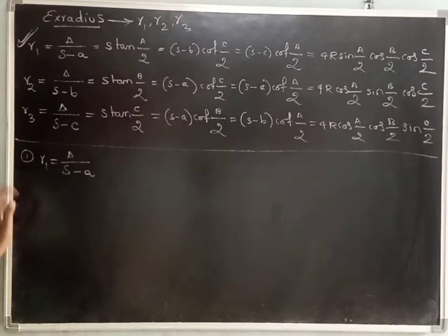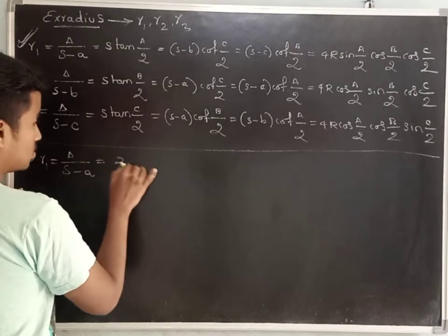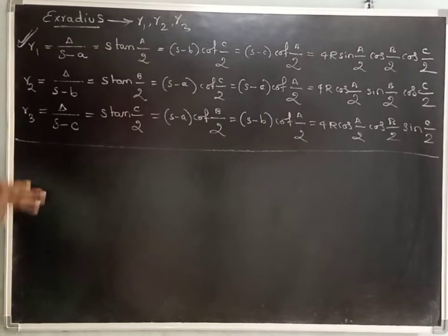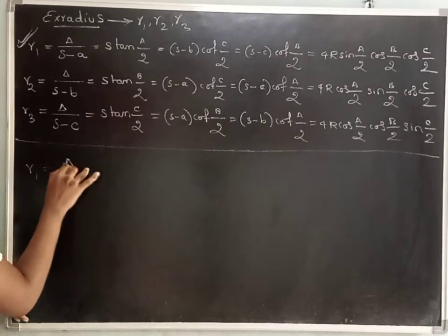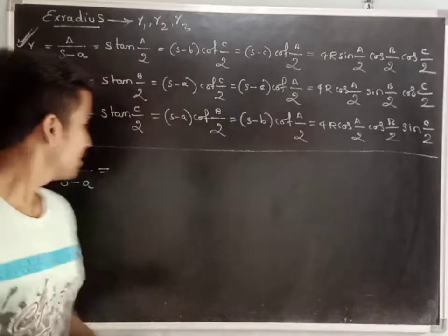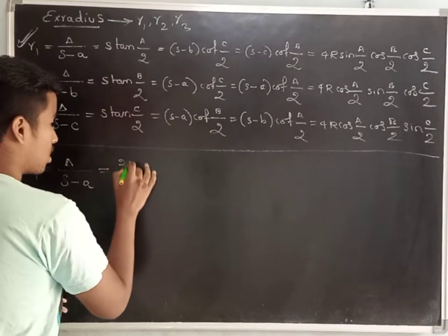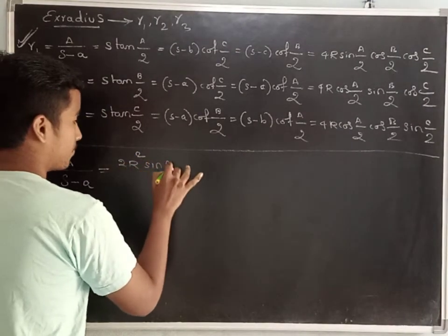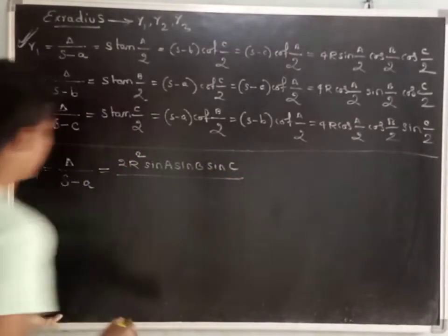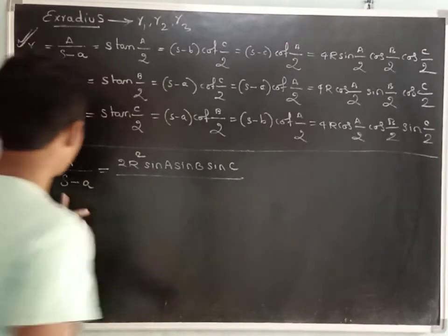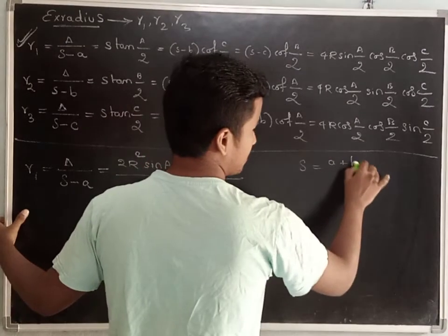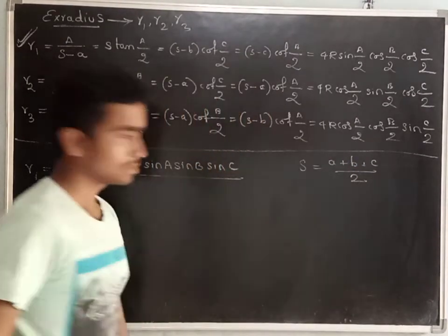You know very well, delta is nothing but the area of the triangle, right? The area of the triangle can be written as 2R square into sin A sin B sin C by s minus a. s minus a is nothing but (a plus b plus c) by 2 minus a.